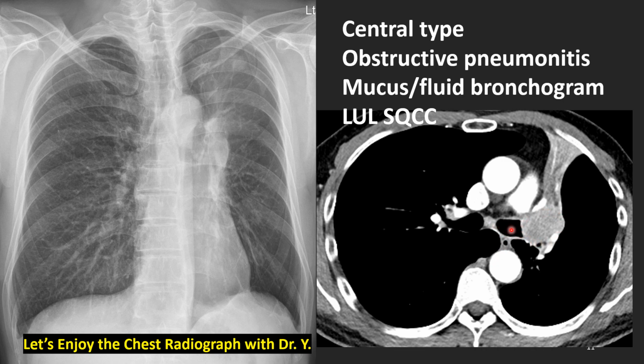This is the left main bronchus, and this S shape of collapse showing Golden's S sign, proximal mass and distal collapse. This low density here is bronchus filled with mucus or fluid, so we call them mucus bronchogram or fluid bronchogram. Squamous cell carcinoma.